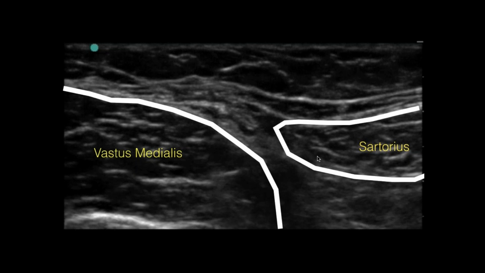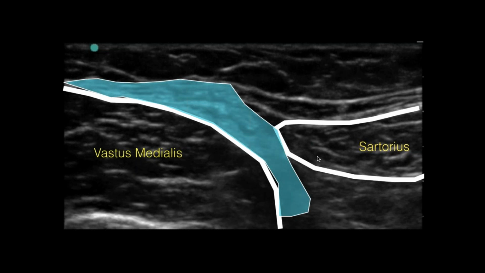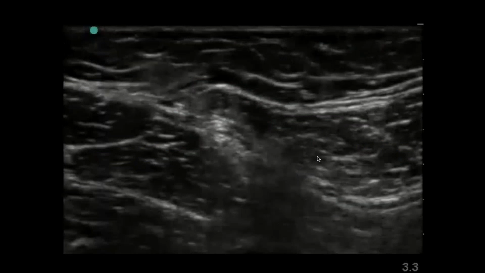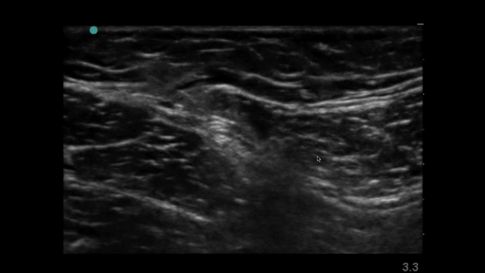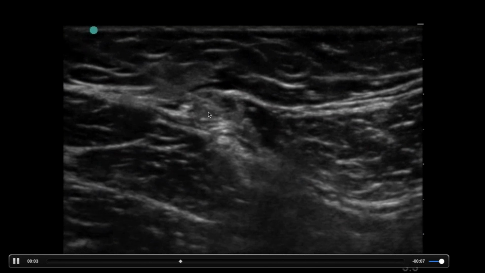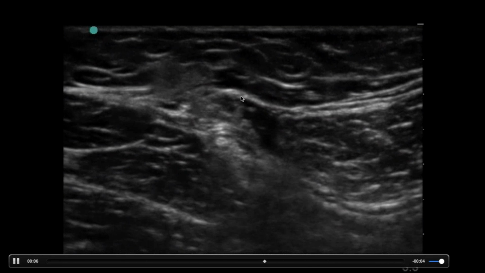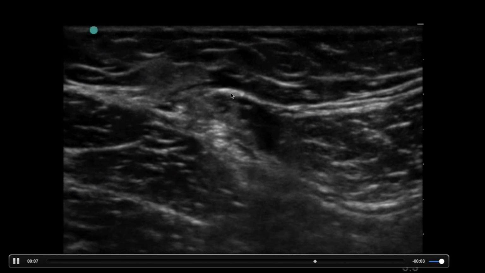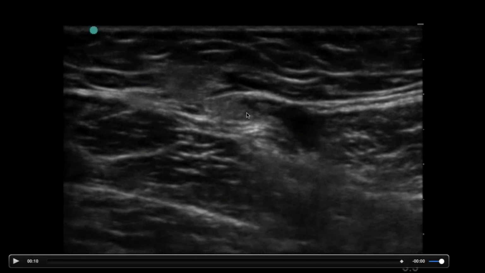So you have the sartorius medially, the vastus medialis laterally, and you're going to be targeting this area for infusion of anesthetic in the fascial plane. And that's what this looks like here. In-plane needle technique, popping under this fascia of the sartorius and infusing local anesthetic.